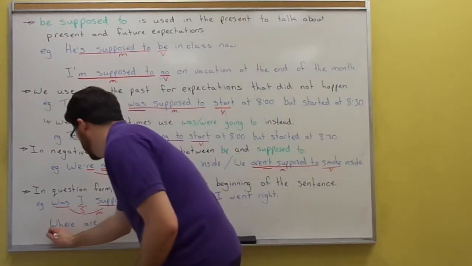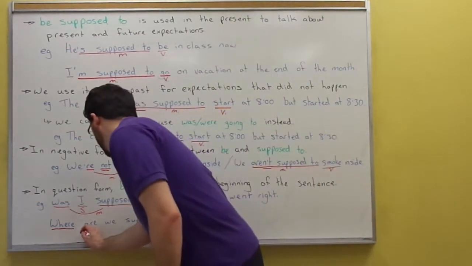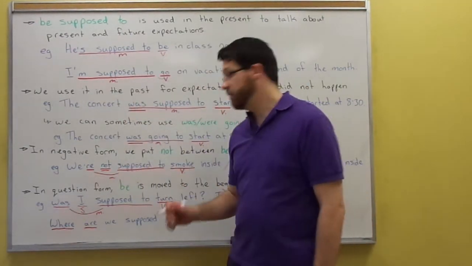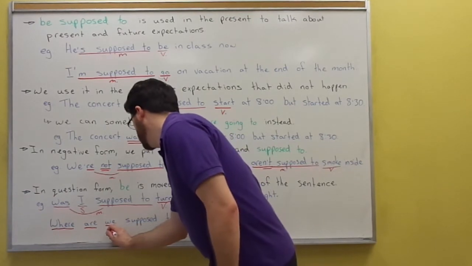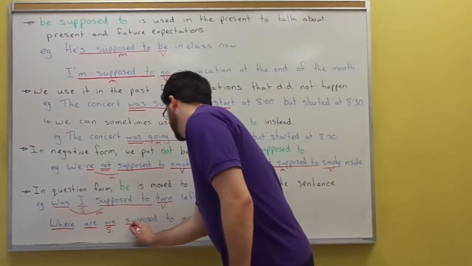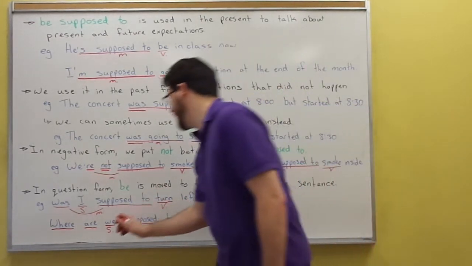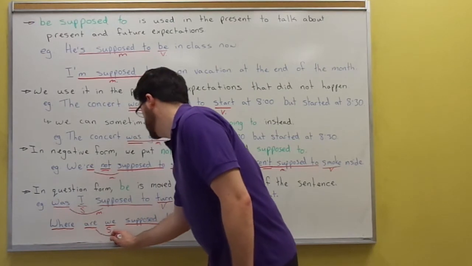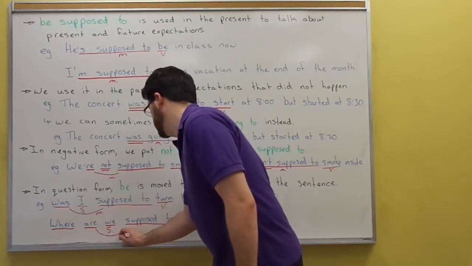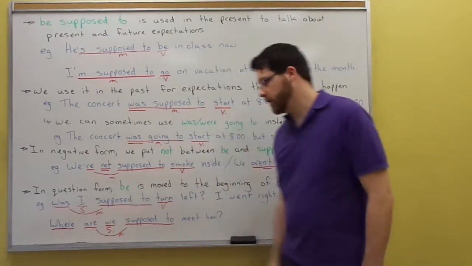Again, where, WH question, are is the be verb, we, subject, finally, supposed to. So again, you can see the modal is split here. But it still is together.